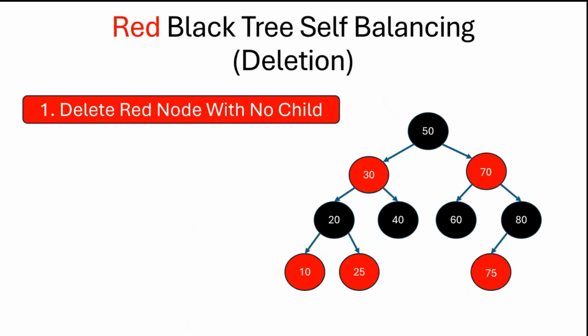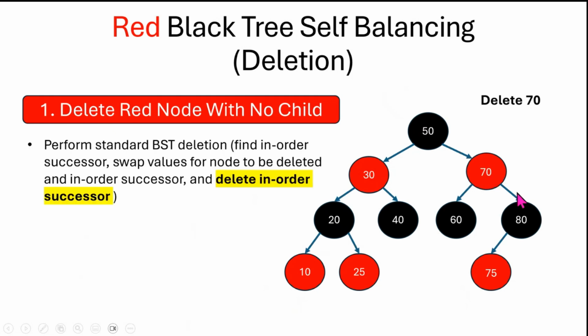Now let's try to understand the first case with a different example. Let's say we want to delete 70 now. One will think, here we are deleting a red node with two children, so why are we not having that case? As we see, whenever we delete a node with two children in a standard binary search tree deletion, we don't delete that node physically.